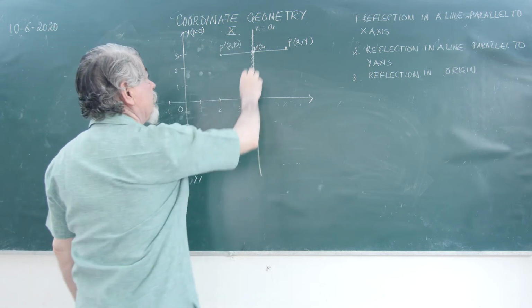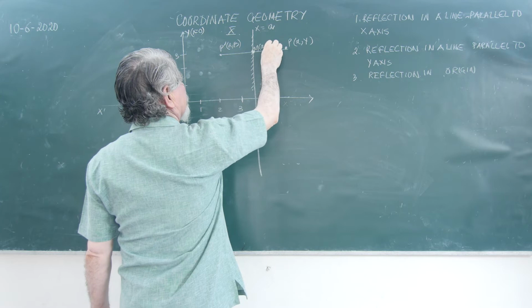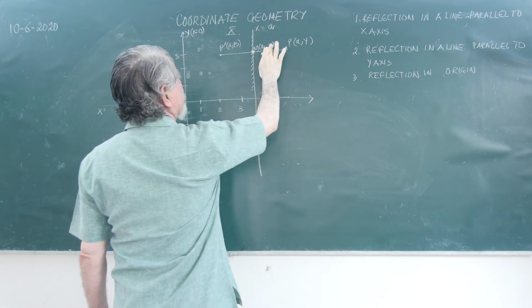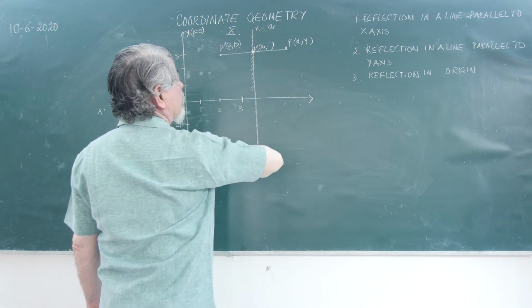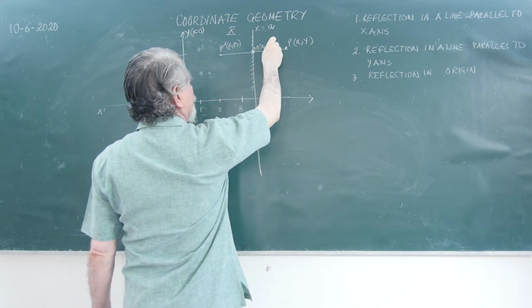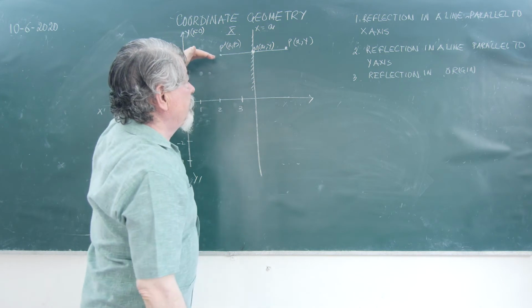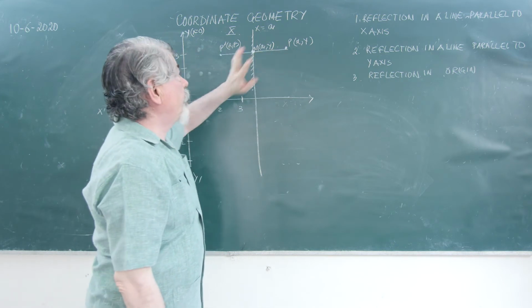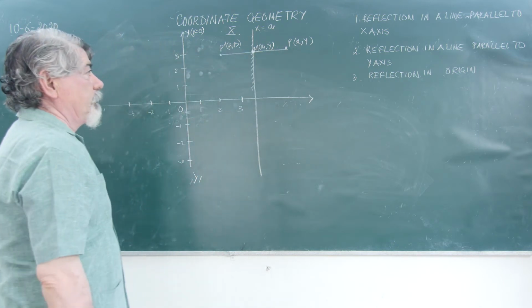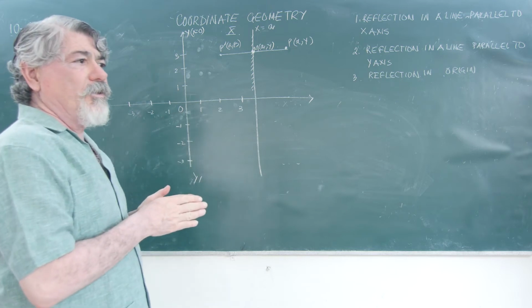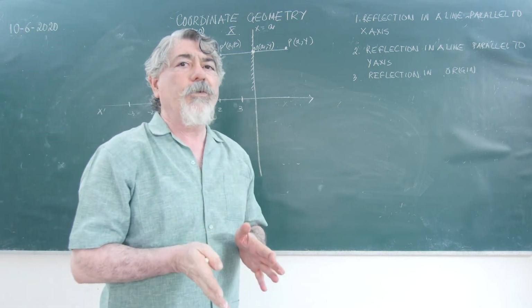And let us see what the y coordinate will be. Y coordinate will be y only, whatever is the y coordinate here, because x, y, so y will remain y only. In the first case, x did not change. In the second case, y will not change.